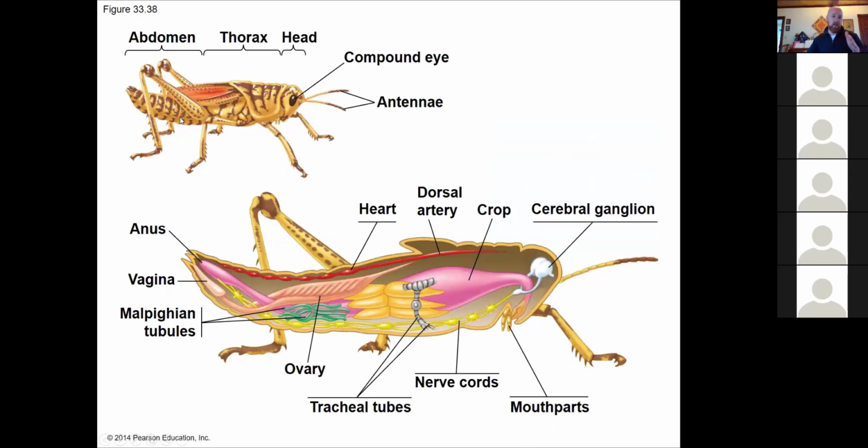So back here where the abdomen looks a little wormy, there's these repeating structures. So again, that idea of segmentation is really important. We have more digestive organs called Malpighian tubules. Their nerve cord runs along their ventral surface, their belly, as opposed to vertebrates, dorsal. They typically have separate sexes. This would be a girl because you have ovaries and a vagina, and the anus, obviously. So basic grasshopper anatomy there.